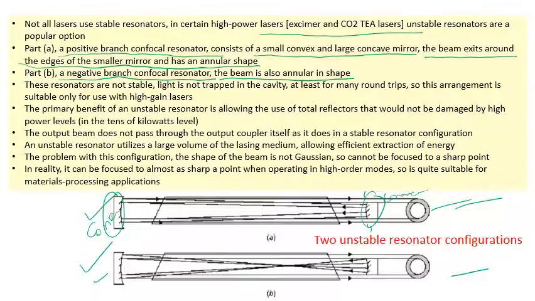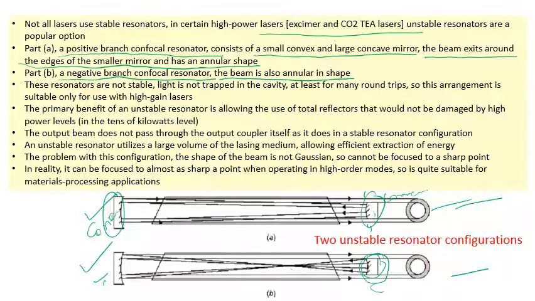This is the concave, this is the convex. Okay, so it does not focus here, maybe it will focus outside. Okay, after a while, because the size of this one is smaller, the light will go off. And what is happening here, this is a concave mirror, this is also a concave mirror. Okay, the size of this one is smaller, so the light will come here, it may focus somewhere here. After a number of passes, the light may go out because the size of this one is smaller.